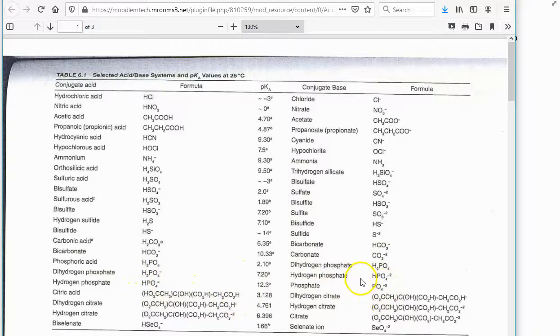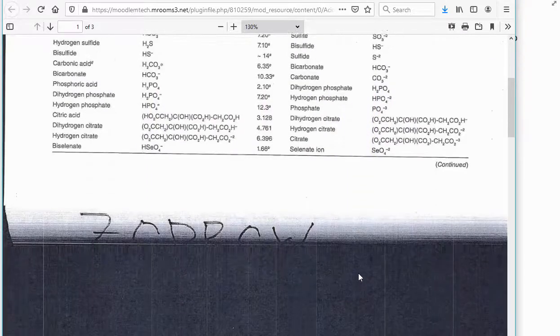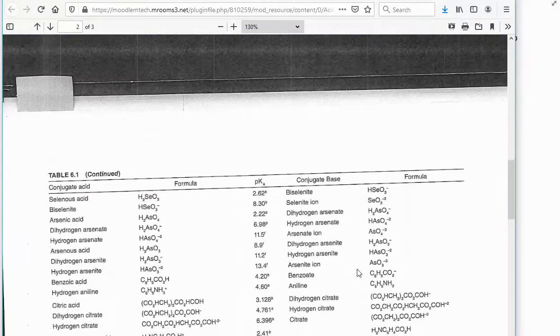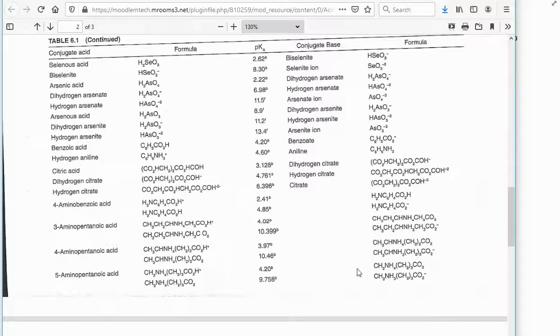So you can look at these tables to start building your knowledge of the types of equilibrium that you might have between things dissolved in water and vapor, and also the types of acid-base equilibrium that you have in certain situations. So for example, arsenic, right? That has acid-base reactions that might be important.